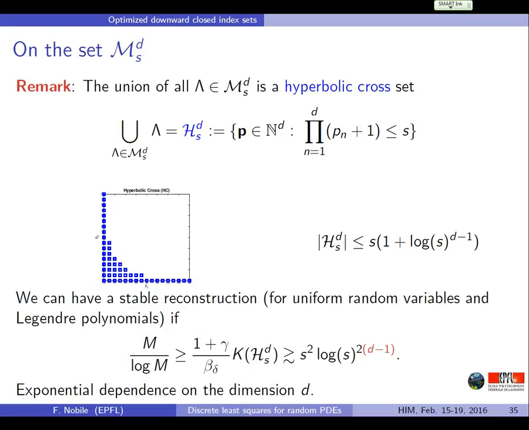It's a similar set, but you force an order. If I don't put the restriction, if I am in dimension D, I could expand my set in all possible D dimensions. I don't know which one is important, so I can look everywhere. If I enforce the ordering, this would mean that in the first variable, I can go up to a degree S. In the second variable, I can go up only to S minus 1 because I activated the first one.